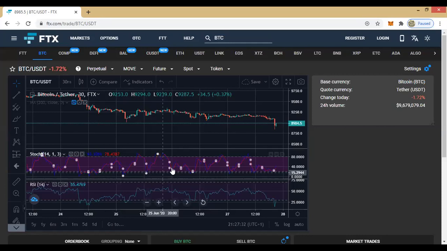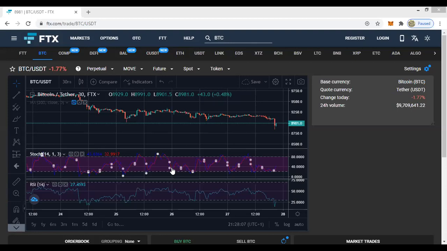So the next question, which is the final one, from Humility: it is important to wait for confirmation before entering any trade.